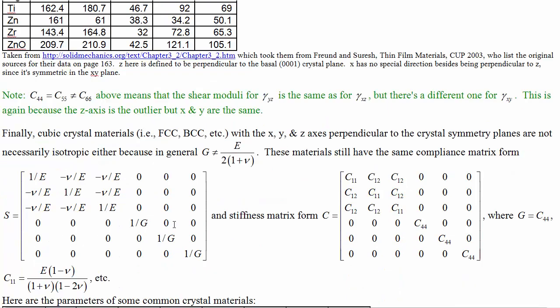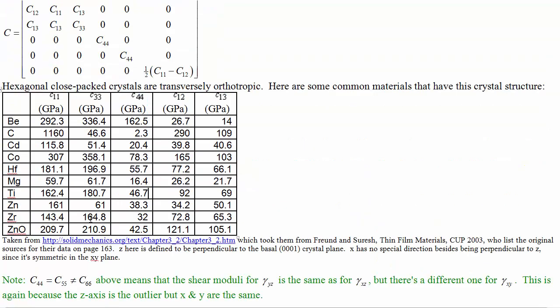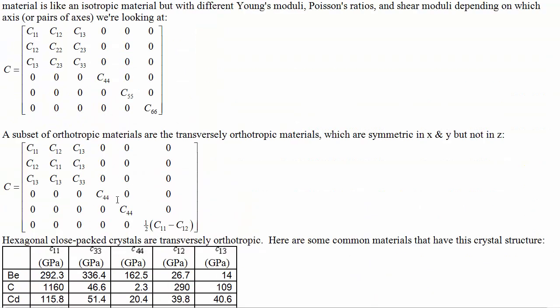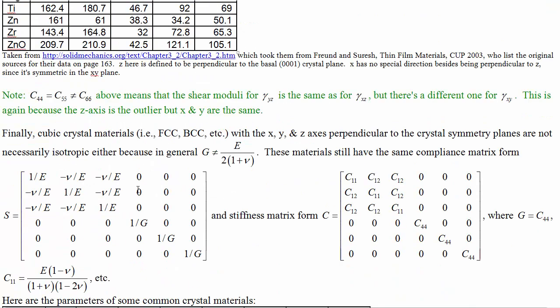Okay, and then a little bit more symmetric is a cubic crystal material. These are hexagonal. They're not really cubic, but they still behave the same in x and y, just differently in z. Now these materials behave the same in x, y, and z, but in general don't have the shear modulus relating to the Young's modulus and Poisson ratio the way that we have for an isotropic material.